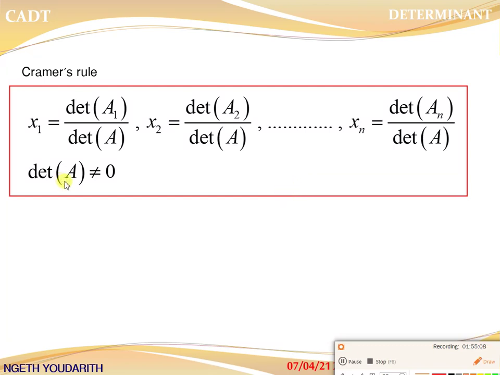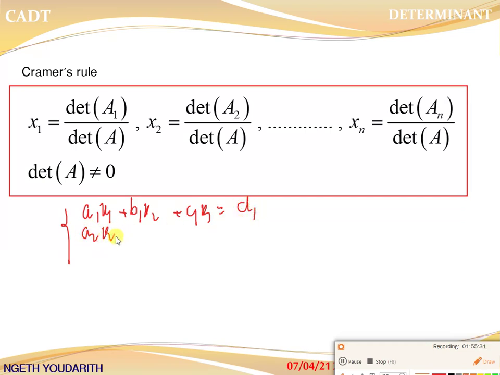So what is A? For example, A1 x1 plus B1 x2 plus C1 x3 equals D1.